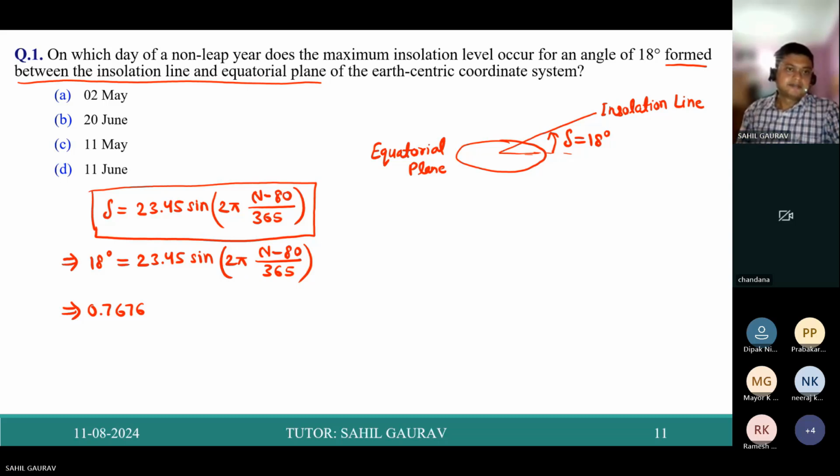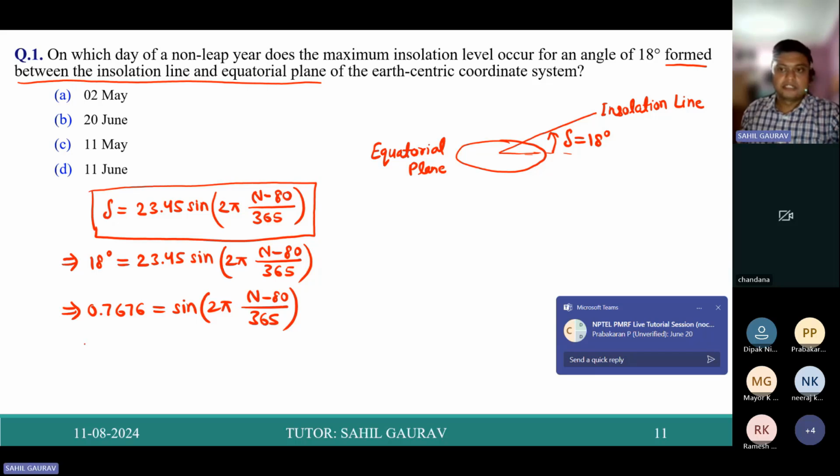So we have to take the sine inverse of sine of 2 pi (n minus 80) upon 365.